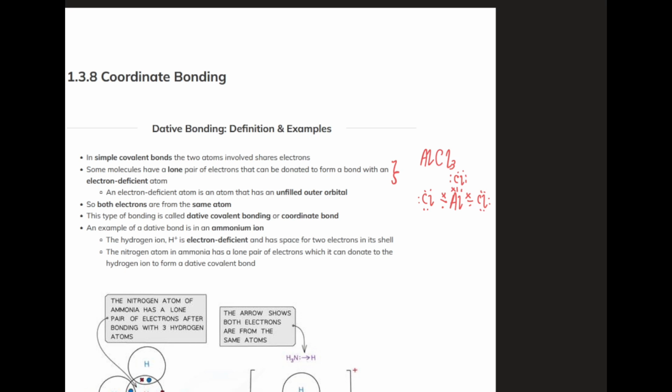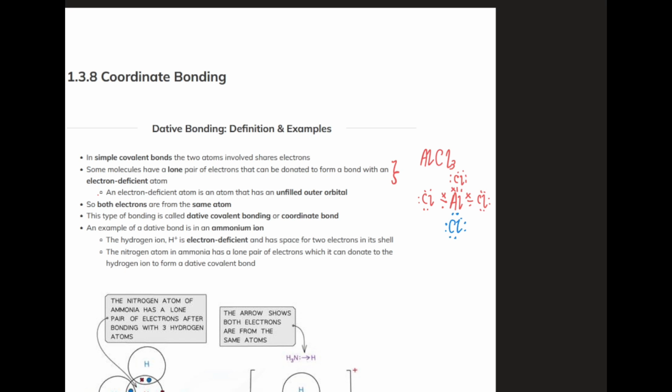So if it lacks electrons there, what happens is they can find another atom with a lone pair, and they can put the lone pair here. Okay, so for example, chloride can come here. Chloride, let's say 1, 2, 3, 4, 5, 6, 7, 8.